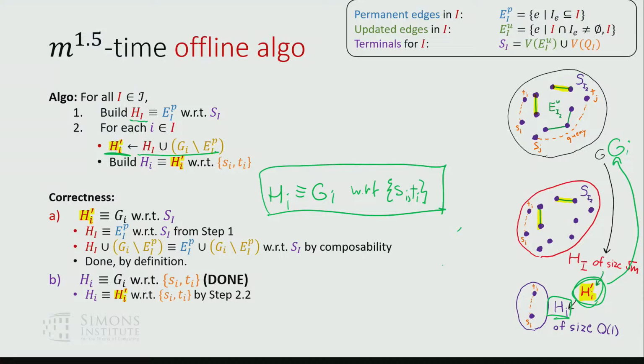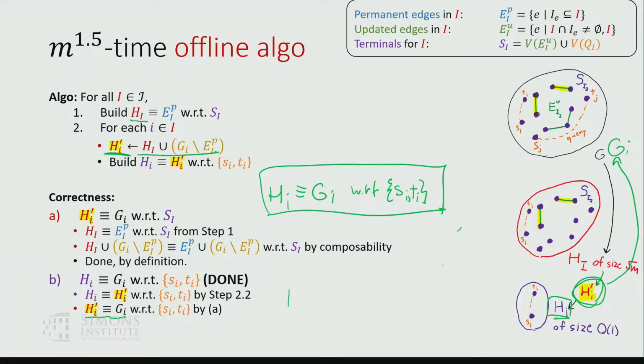Well, we have that hi and hi prime are equivalent to each other with respect to si and ti. This is just from the definition, from how we build it. But hi prime is equivalent to gi, right?